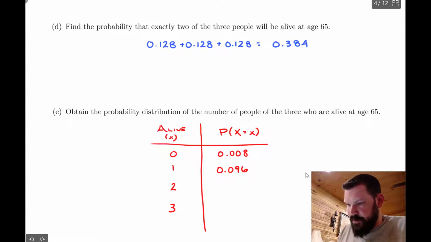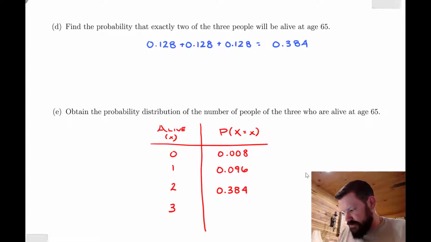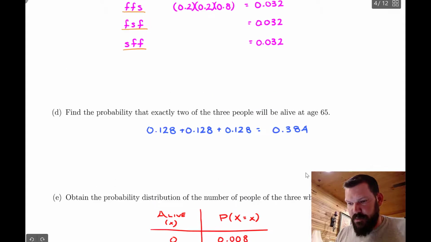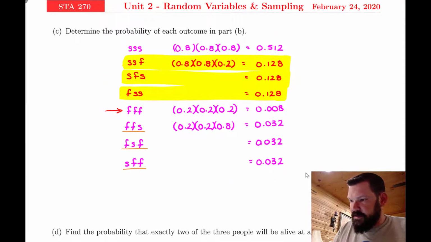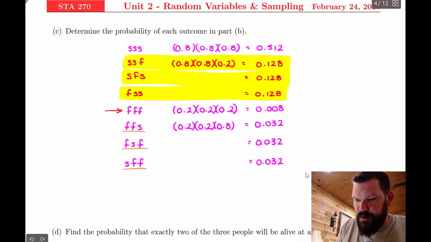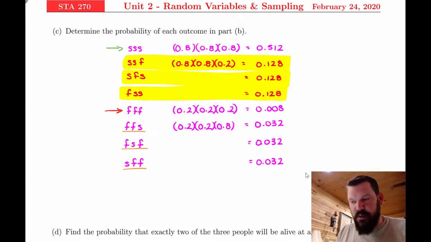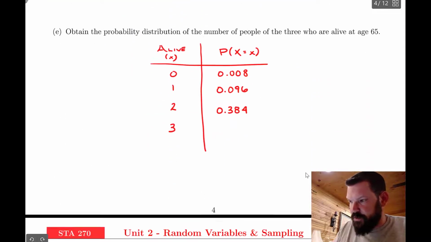And then the probability that 2 people are alive, we just computed that in part D, so that's 0.384. And then our last condition is that the probability that 3 people are alive, that is the single line at the top of our probability table where we have all 3 people being alive, and it's 0.512.